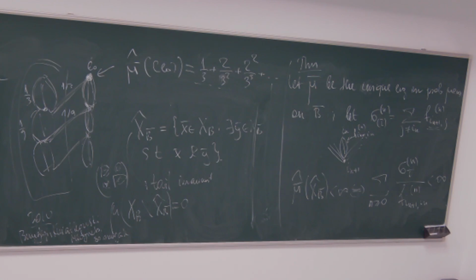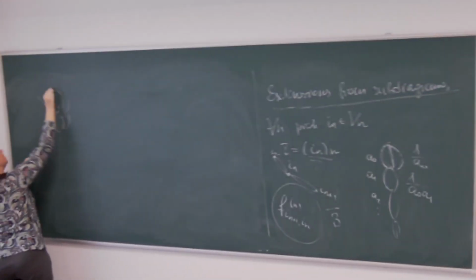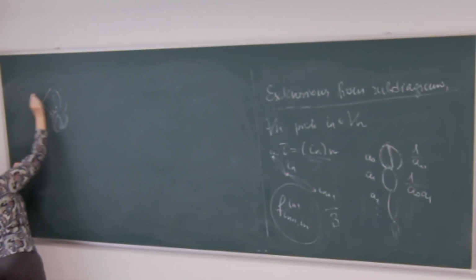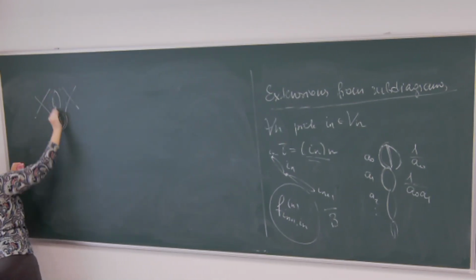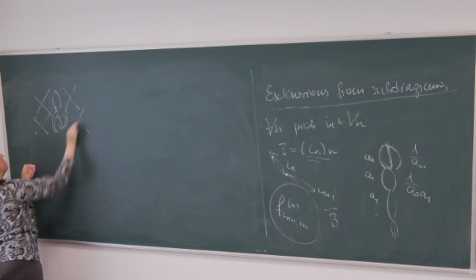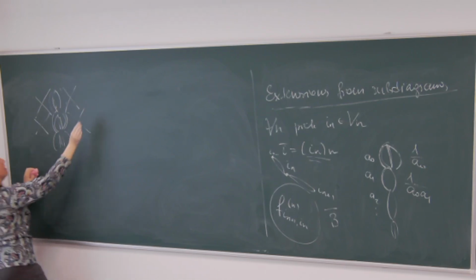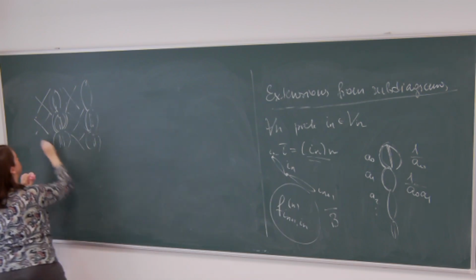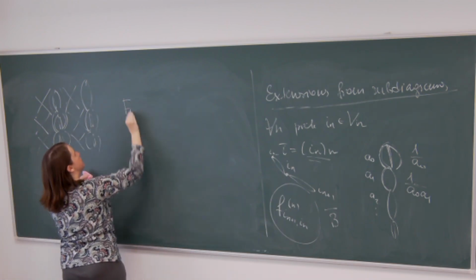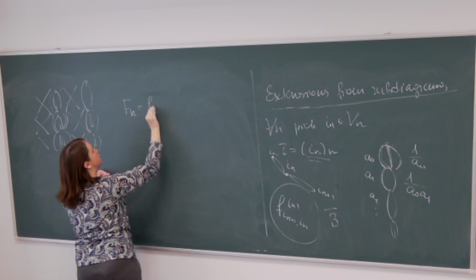Yes. So let's look at an example. If we have the following class of horizontally stationary diagrams, let's call it smaller, it's not vertically stationary. If we have the following diagrams, the incidence matrix on level n is as follows.